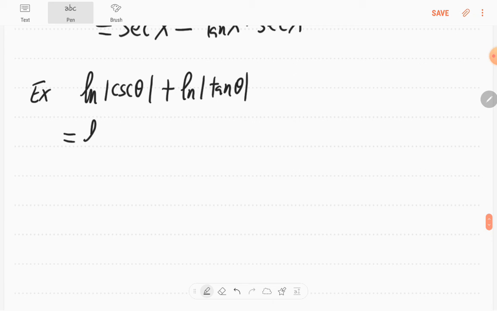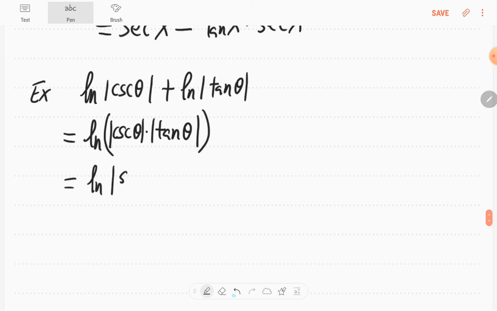So we have natural log of cosecant theta times tangent theta, right? So we just write one more step, right? If you combine, we use the properties for the logarithmic function.